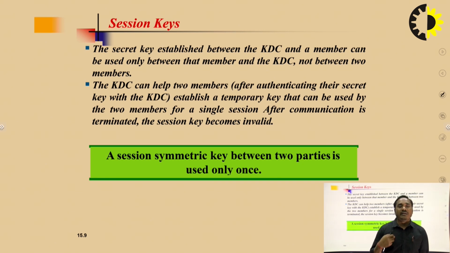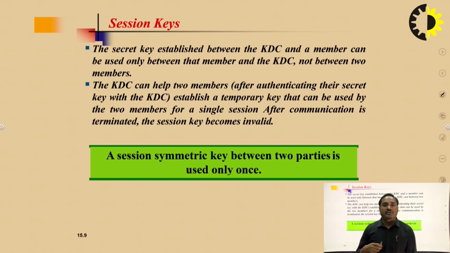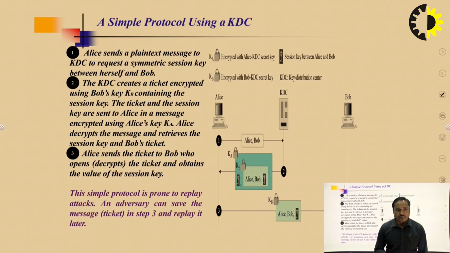If I am unable to communicate, after some time that session will expire. Then I will again send a request to that person for communication. So a session symmetric key between two parties is used only once. If that person accepts my request, then there is a session between us, and after that we can communicate.